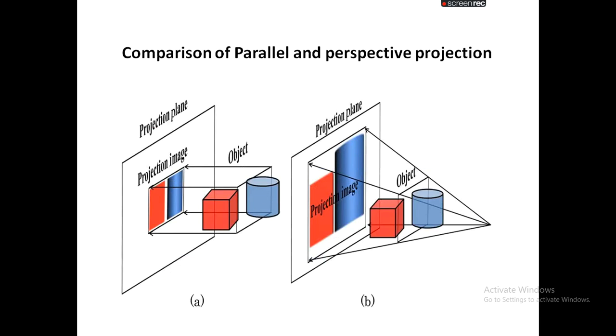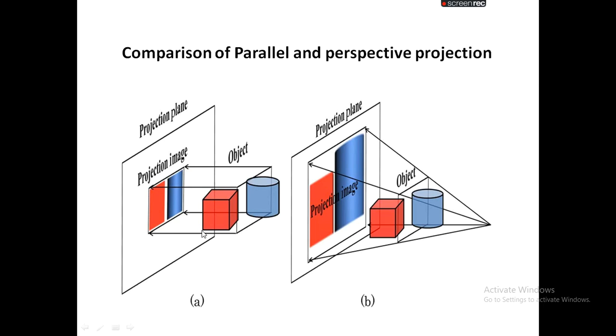Assume that we are standing here. I am explaining the first image. I want to project two objects in space onto the projection plane. If I want to transfer these two object descriptions onto the projection plane using parallel projections, you see that I have four parallel projection lines here.